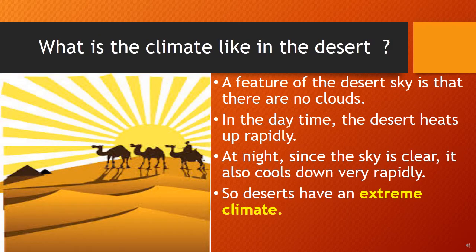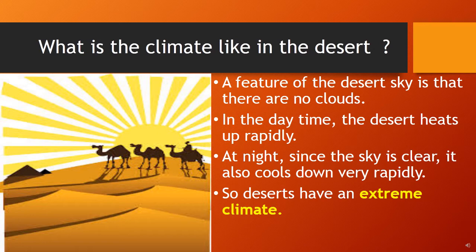What is the climate like in the desert? A feature of the desert sky is that there are no clouds. Why are there no clouds above the desert? Because there are no water bodies and no trees, and because there are no water bodies, there is no evaporation happening.